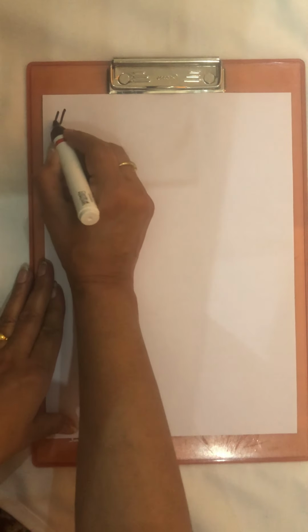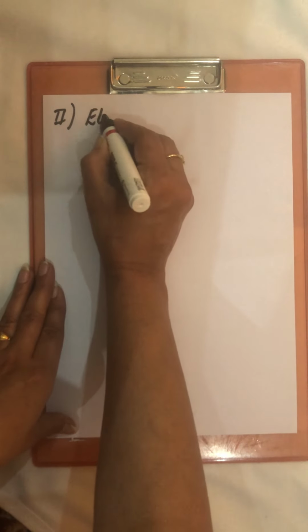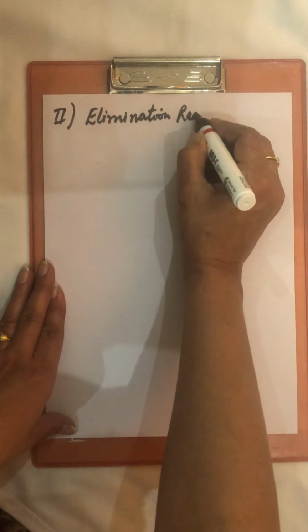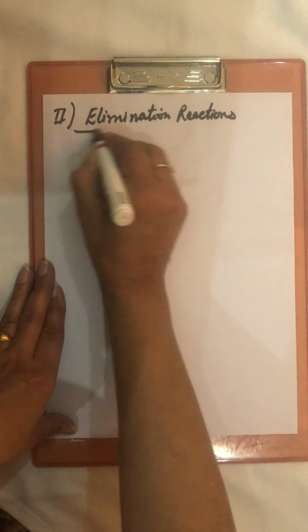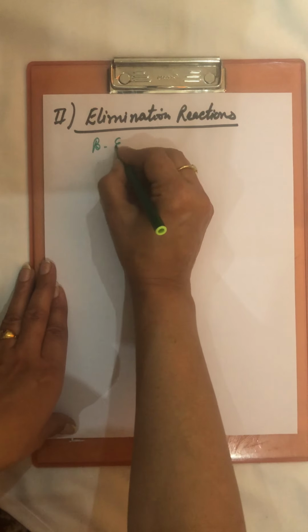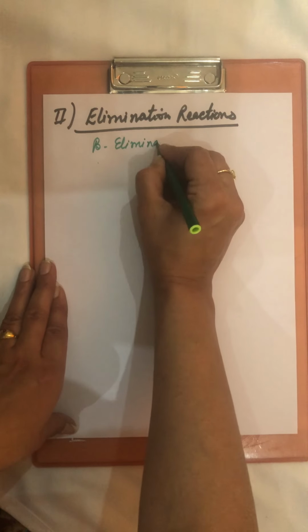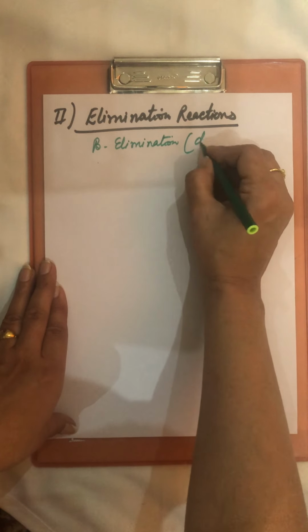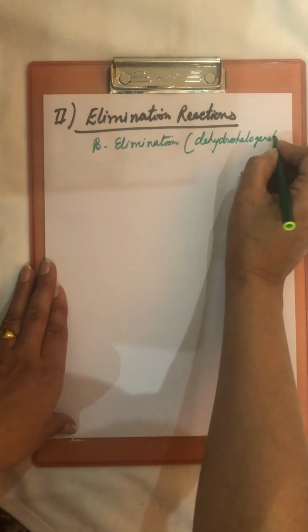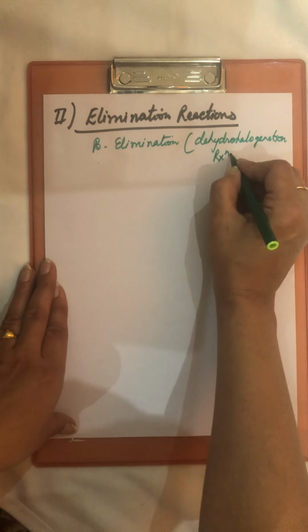After doing optical isomerism, now we are doing the next type of chemical reactions after nucleophilic substitution. The second type of reactions shown by haloalkanes are elimination reactions, also called beta elimination reactions, also called dehydrohalogenation reactions.